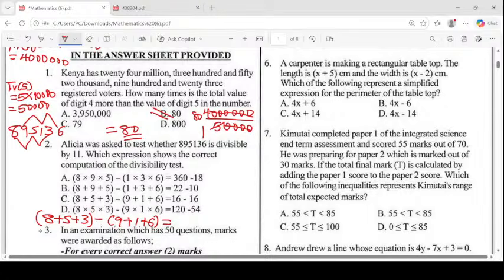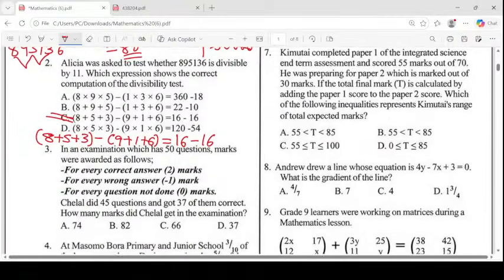This will be 8 plus 5 is 13 plus 3, this is 16. You minus 9 plus 1 is 10 plus 6 is 16. So this is 16 minus 16. So this is the correct expression. Looking at exactly what we have in the choices, we have choice C for cat.